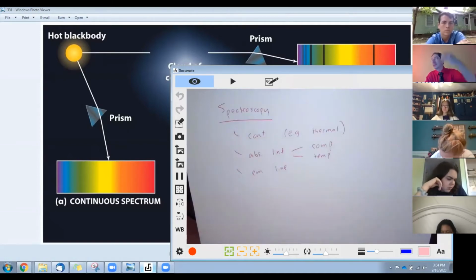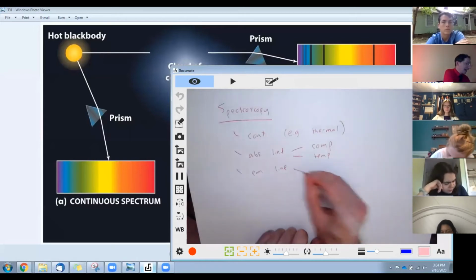We can take incoming light from space, disperse it with a prism, look for those lines, and that's telling us things like composition, temperature. Even though it may be light years or thousands or millions of light years away, I could tell you what it's made of. I can tell you how hot it is. Then with the emission lines, again, you're getting the same pattern.